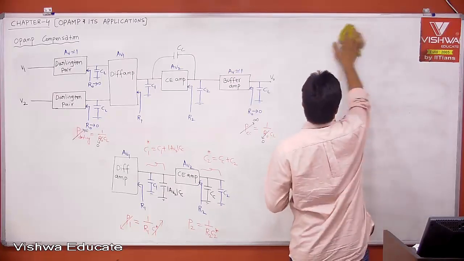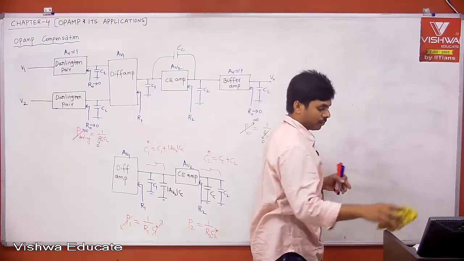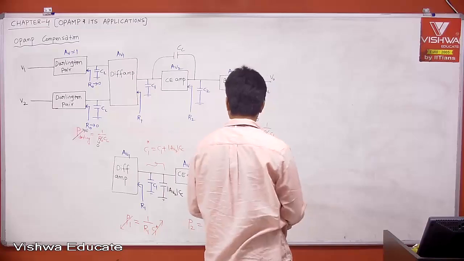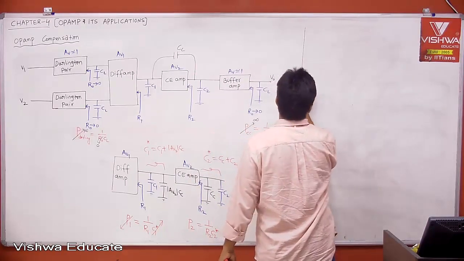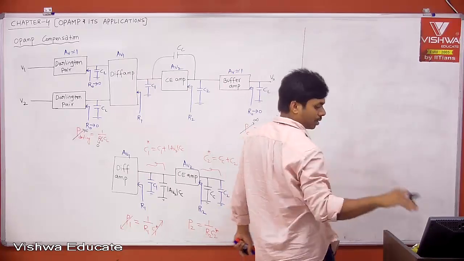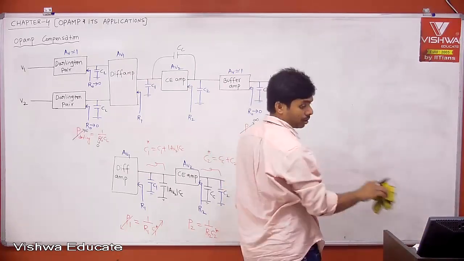With this, op-amp is over. Then we can go for applications. Okay. So for now, first of all, root locus, then I'll give you the Bode plot.